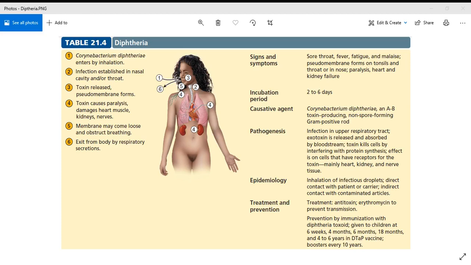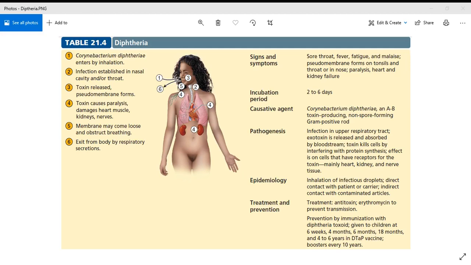So dramatic symptoms and signs can occur in the severe form of the disease in terms of heart and kidney failure and even paralysis.